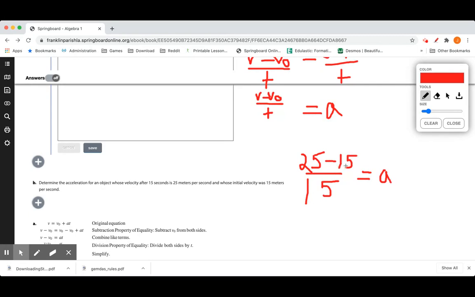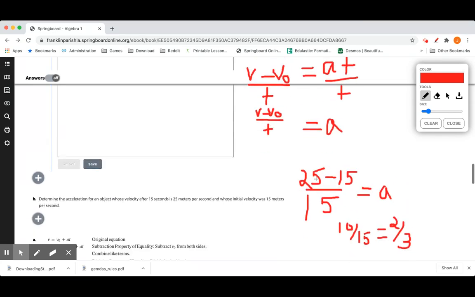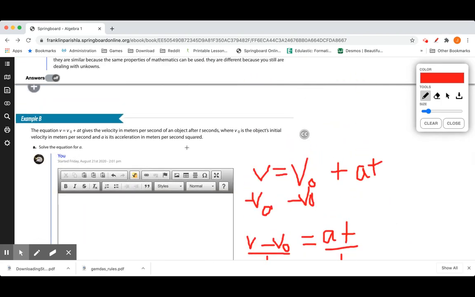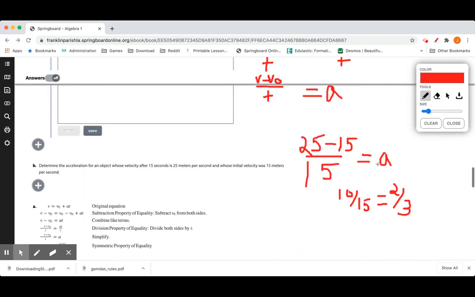25 minus 15 is 10, and 10/15 can be reduced. We can divide both of them by 5 to get 2/3. And remember, meters per second squared is acceleration.